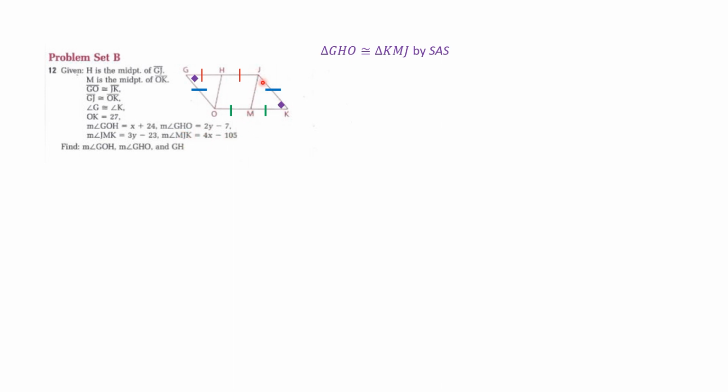MJK, same as KJM. So this is going to correspond to this, and I have an algebraic expression for both of those. So I am going to go ahead and use that. And I'm going to say, listen, I know that GOH is congruent to MJK because they are corresponding parts of congruent triangles. And I know that I have an algebraic expression for each of those angles.